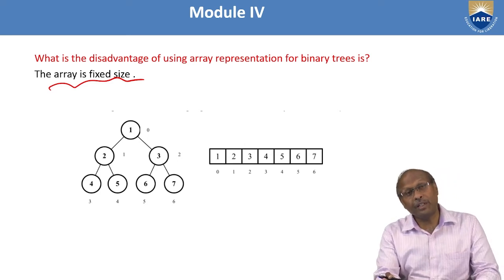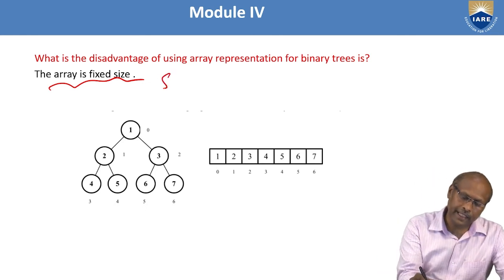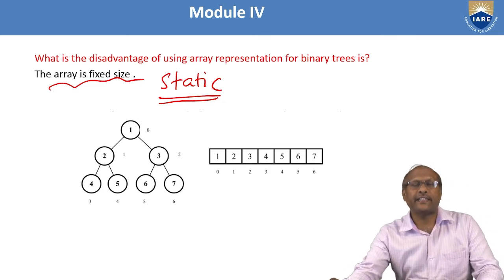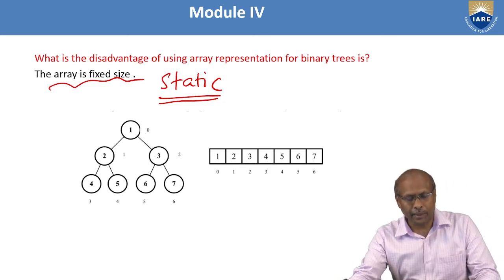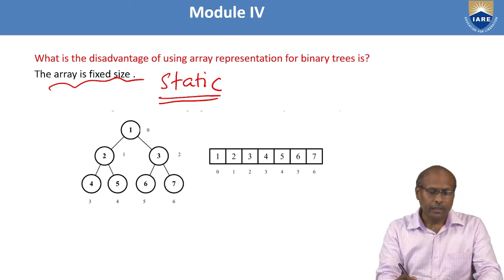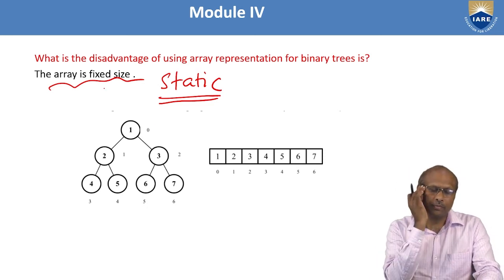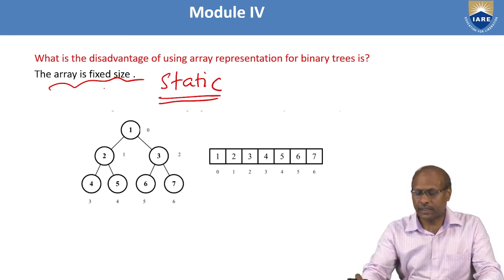If it were flexible, there would be no problem at all. But an array is static. So you cannot add an extra element or remove any element from the tree. As a tree is a dynamic data structure, arrays are not suitable because of their fixed size.